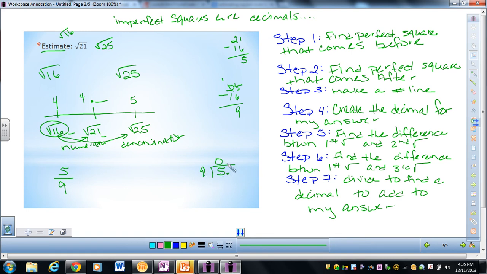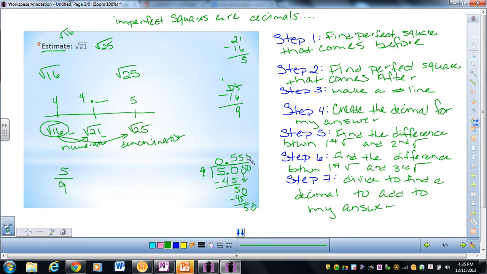I add my little decimal point and put my 0 there. 9 goes into 50 5 times, which is 45, and I get a 5 left over. Add my 0, and 9 goes into 50 5 times, and this is going to be a repeating decimal.